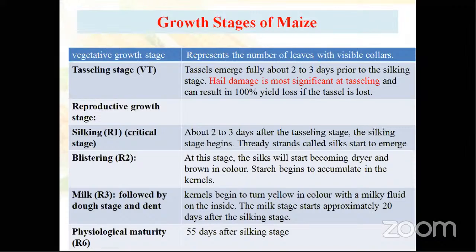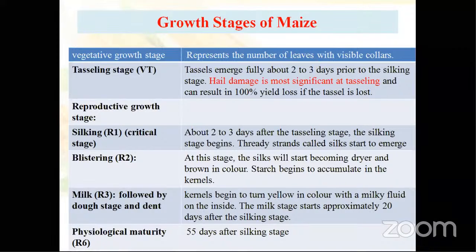Even if you harvest at physiological maturity, you will get a good yield, but somewhat less compared to harvest maturity, and with more moisture content. That is why you will get lower quality grain.